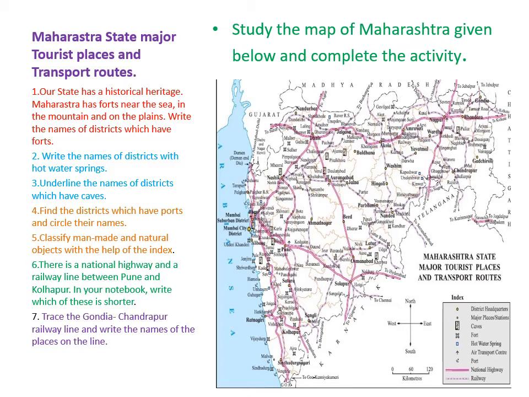Then you have to name the districts that are having hot springs. Hot springs is shown by the symbol blue. Then you have to find the districts that have ports. Port symbol is also given here. Wherever you find this symbol, you should think that it is a port. Here there is Vijay Durga port. Then now this name of the place is very fine.